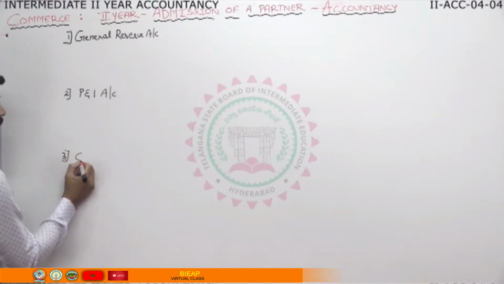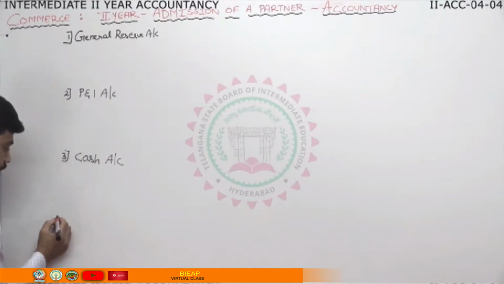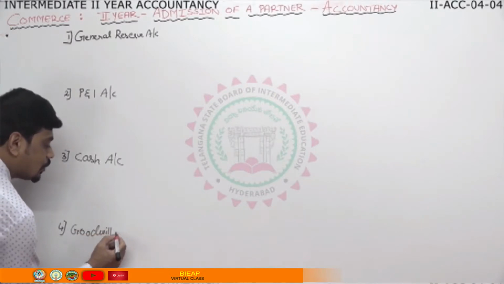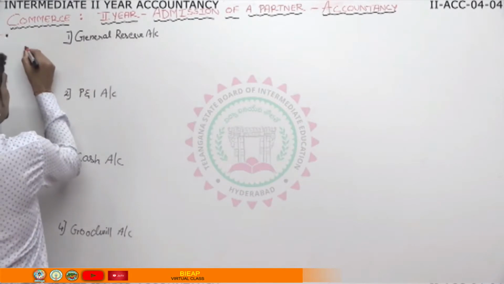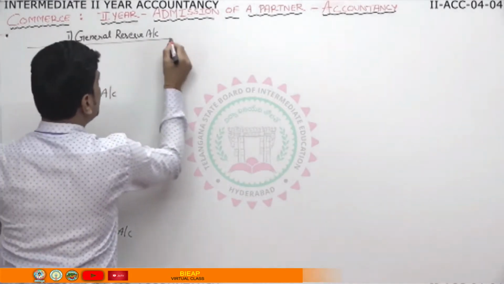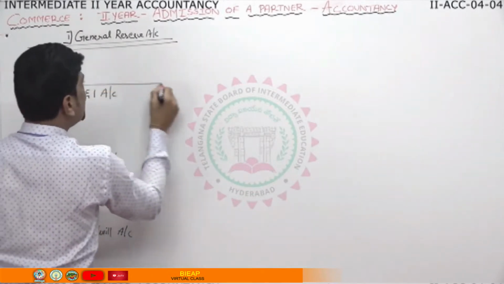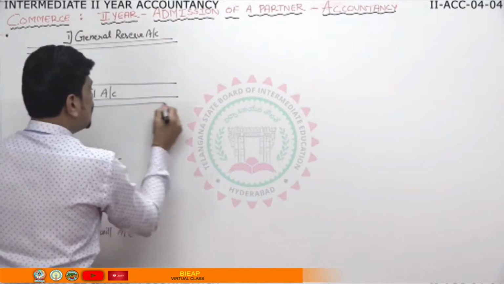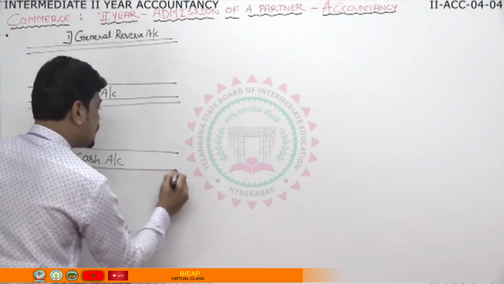Third, I'll make one cash account, 4 lines. Number 4, I'll make goodwill account. I'll start with the drafting of accounts on the first page. You can see here, we are doing the solution in a very simple and logical way. So 4 accounts are ready here.